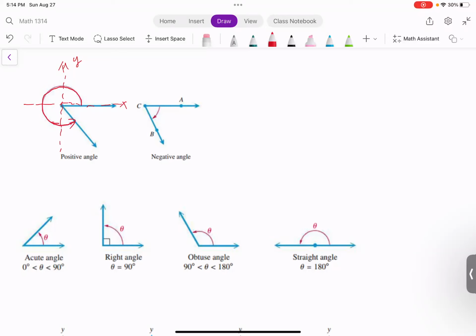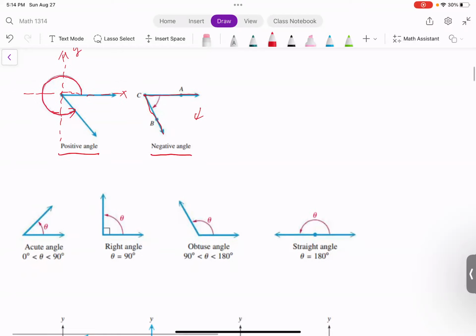So this one we call a positive angle. If we rotate the opposite way, the clockwise rotation, we call that a negative angle. So we start from the initial side and rotate clockwise. We get the terminal side, CB. So this one we call a negative angle.